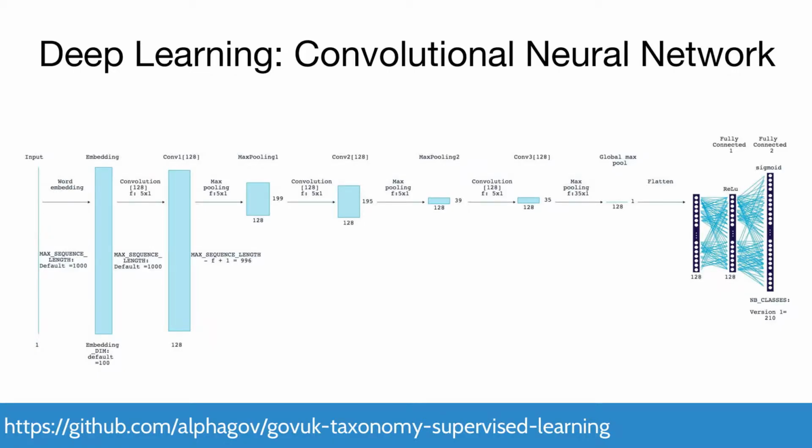And so they're really good for this kind of problem. The deep learning comes from how many layers there are. So as you go from left to right, each blue box is an additional layer in the model. And it's become really fashionable recently because computation advances allow you to train those models much more easily. They're not new, it's just that it's new that you can train them so easily.